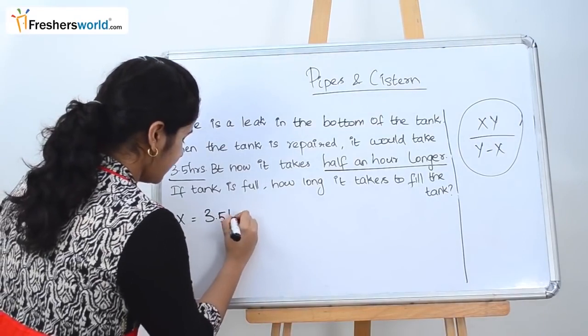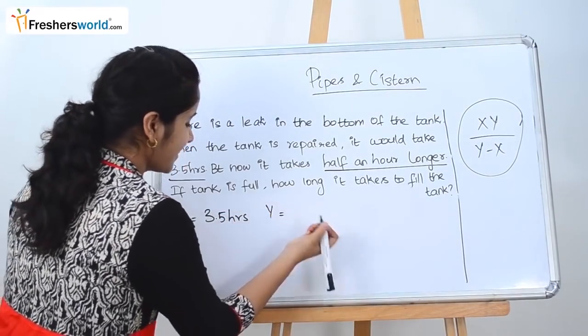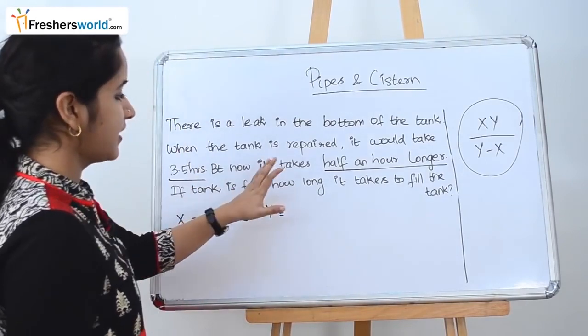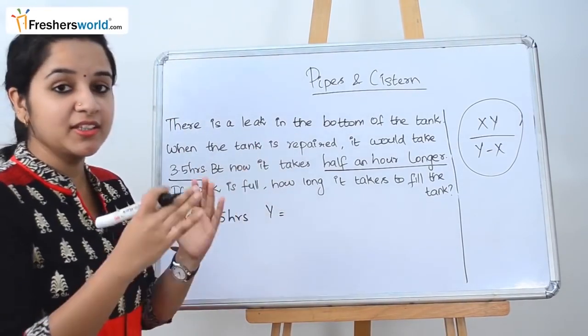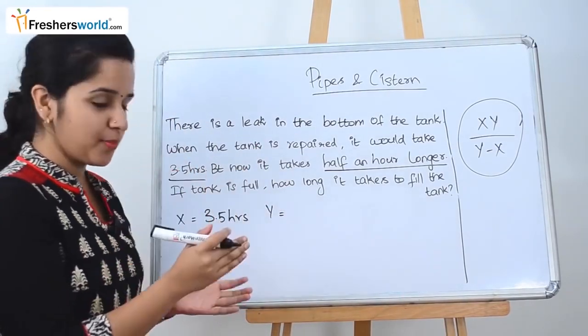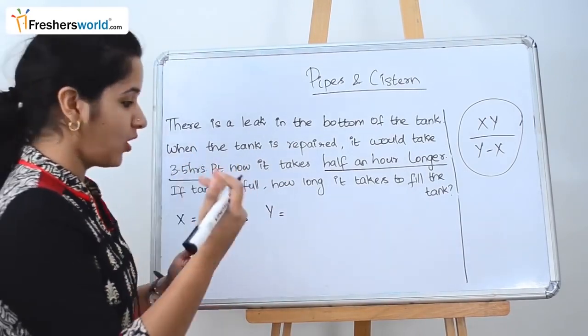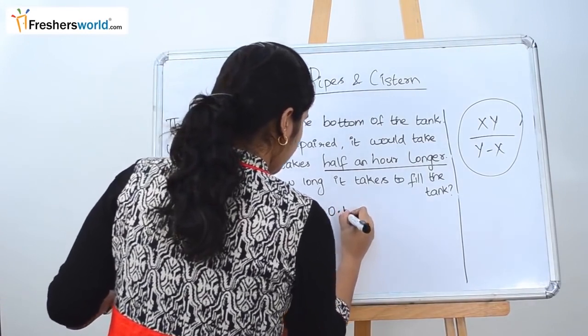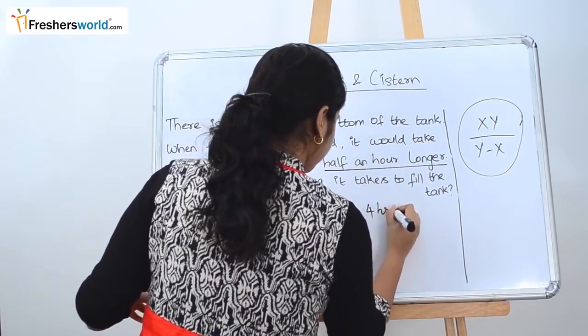Y is the time it takes now: half an hour longer than the original time, so 3.5 plus 0.5 equals 4 hours.